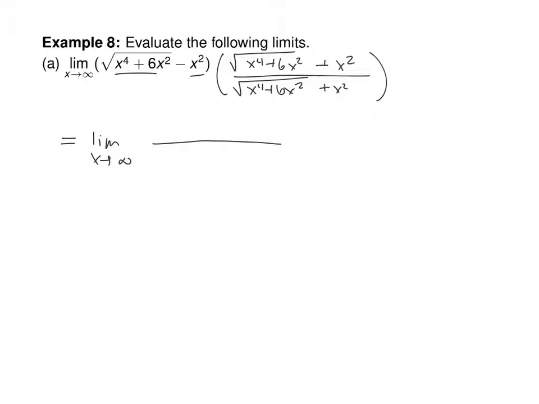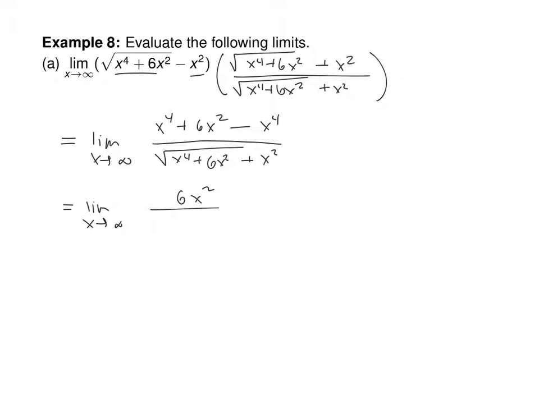So what do you get when those numerators multiply together? x to the fourth plus 6x squared, and then minus x to the fourth. And those x to the fourths cancel, right? So you'll just have limit as x goes to infinity of 6x squared over root x to the fourth plus 6x squared plus x squared. And you've made it into something that you can deal with.